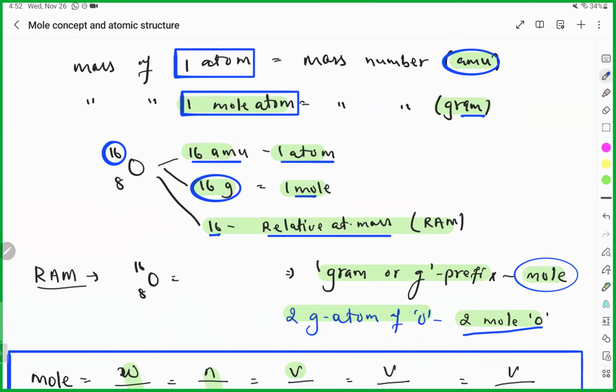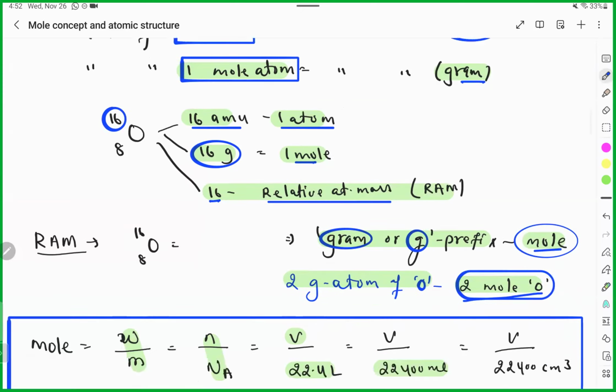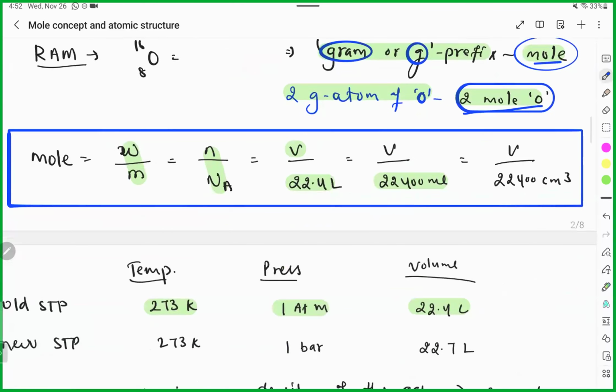If you use gram in the beginning, like gram atom, this simply signifies the mole. Example, 2 gram atom of oxygen means 2 mole of oxygen. We'll solve a lot of questions, don't worry. These are the very basic things we do in mole concept.